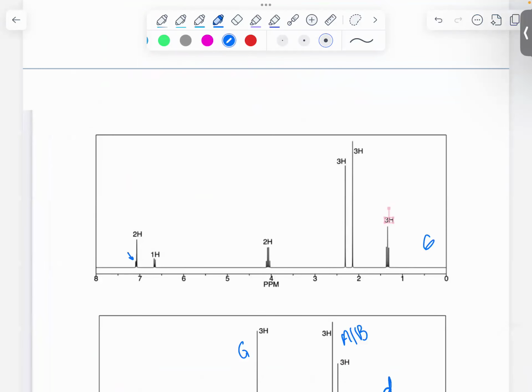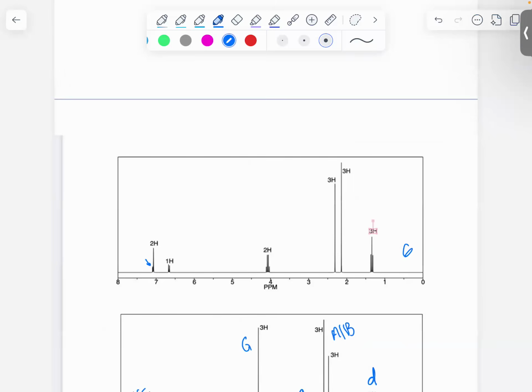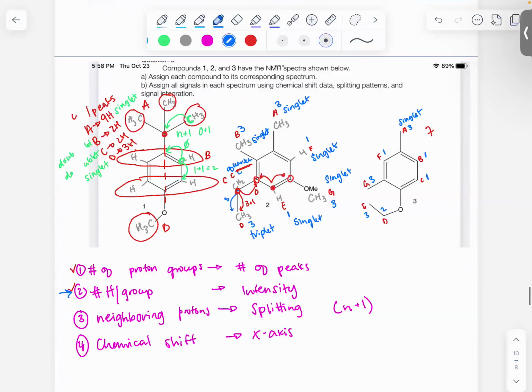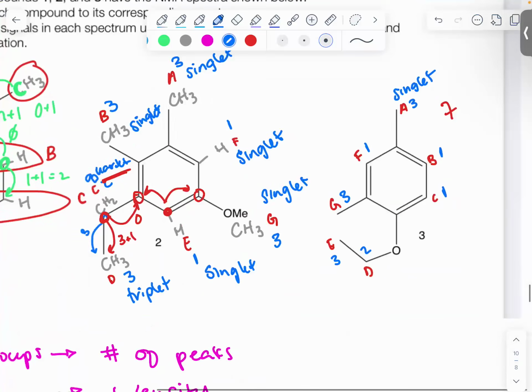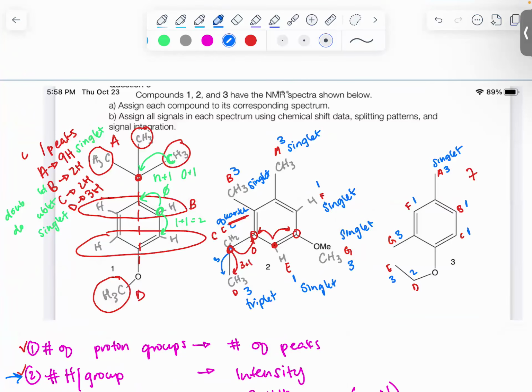This one is hiding, and I didn't catch it at first. What splitting would we have for B? C? D? E? F? G.